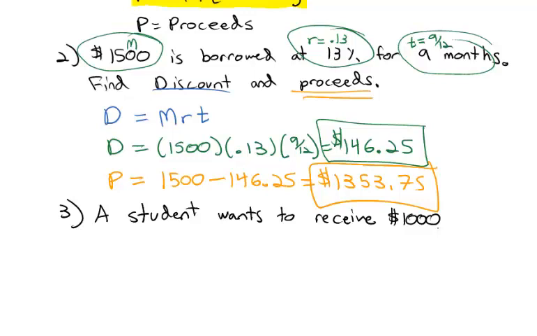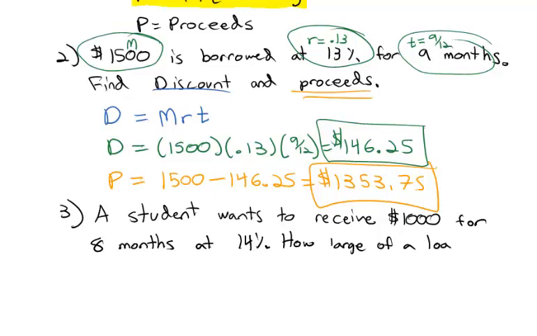So I want to receive $1,000, let's say for 8 months at 14%. By the way, these payday loans charge ridiculous interest rates. 14% would actually be good at a payday loan place. How large of a loan should she ask for?